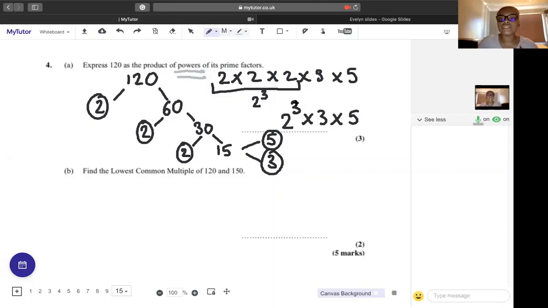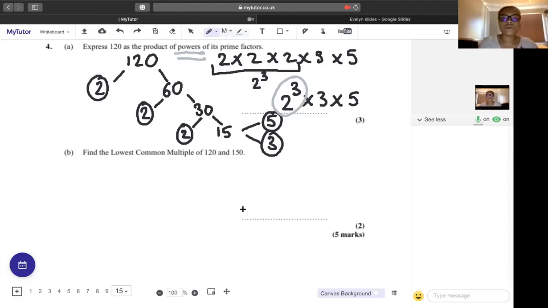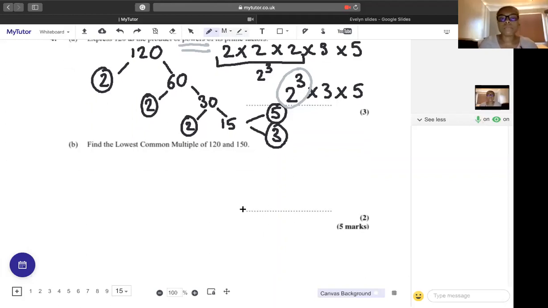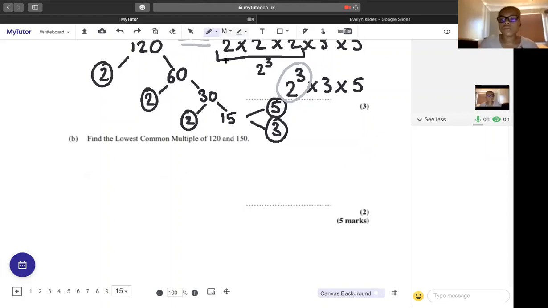So in this case, you would have had to have written 2 to the power of 3 in your answer. You couldn't have written 2 times 2 times 2, otherwise you wouldn't get the final mark. So be careful when you are answering these questions, and be careful to read how you're supposed to represent your answer. So we've got our product of prime factors for 120.